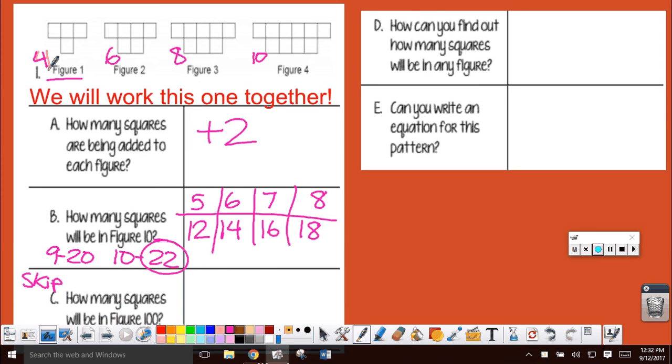Okay, let's try it for figure 3. 3 times 2 plus 2 is what? 6 plus 2 is 8. So that works. So what I'm going to write in this square is the figure number times 2 plus 2. That was the pattern. And I'm going to put in parentheses, pattern. That's what we're looking for in letter D.